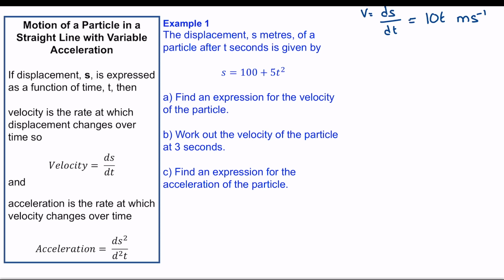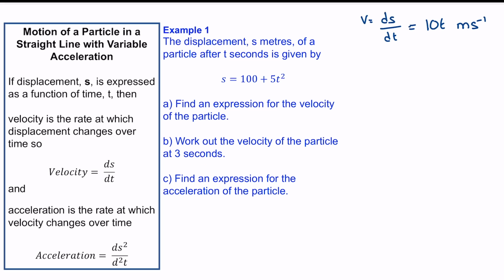Okay? And then for part B, work out the velocity of a particle at 3 seconds. So we'll substitute t equals 3 into v. So the velocity will be 10 lots of 3. All we've done is substituted 3 into here. And this will be 30 meters per second.